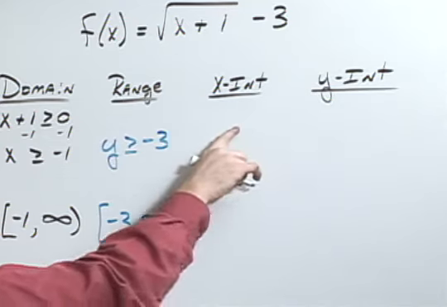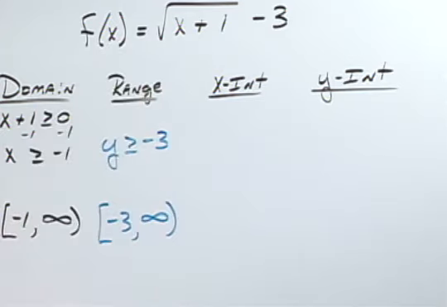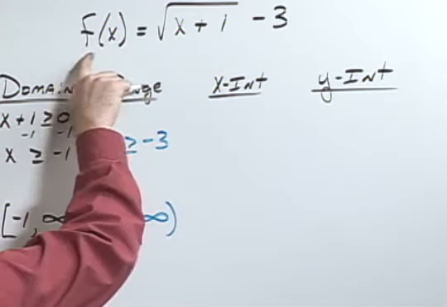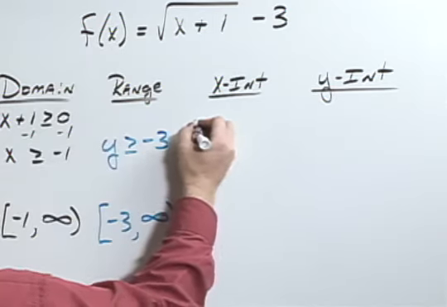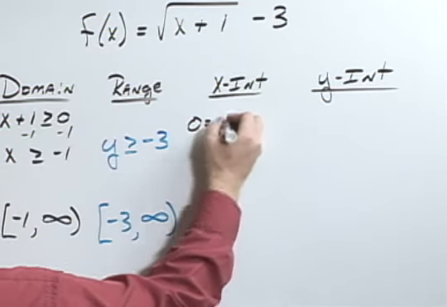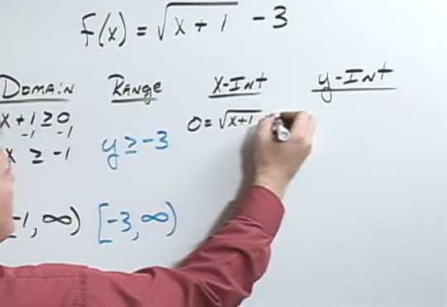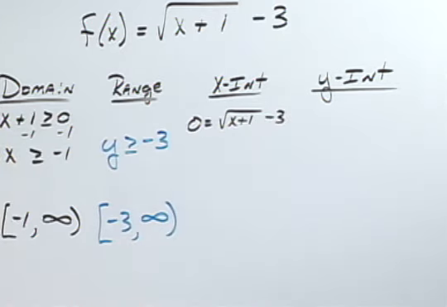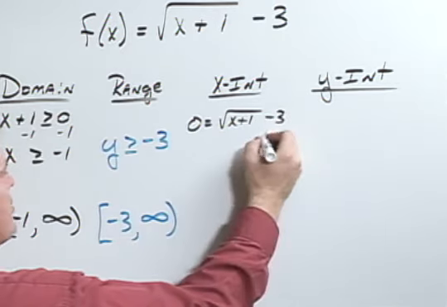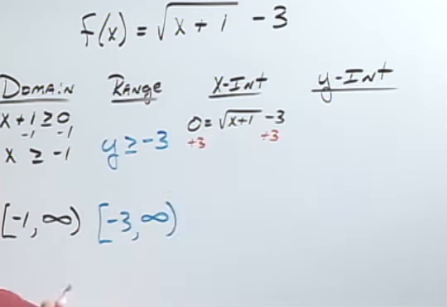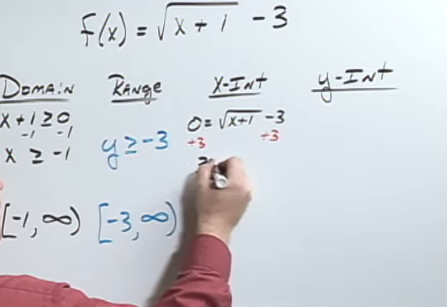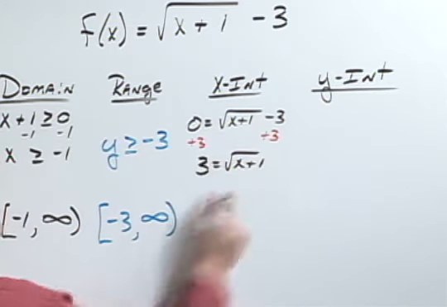In terms of my x-intercepts, I usually want to let my y, but in this case, my f of x equals 0. So 0 equals the square root of x plus 1 minus 3. I can add a 3 to both sides so that I have 3 equals the square root of x plus 1.